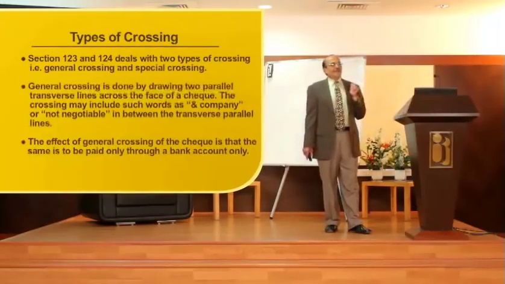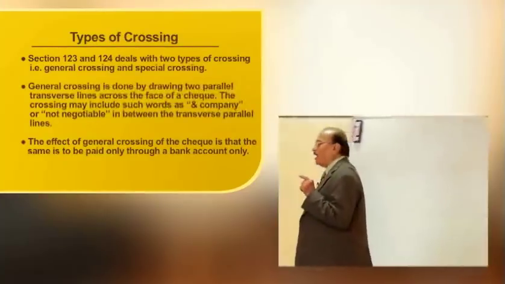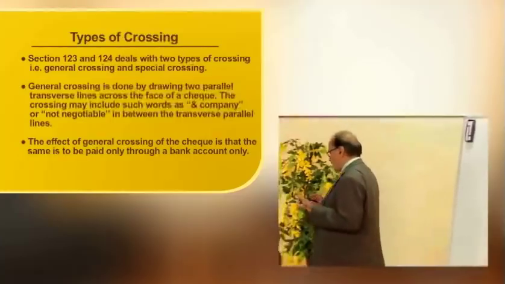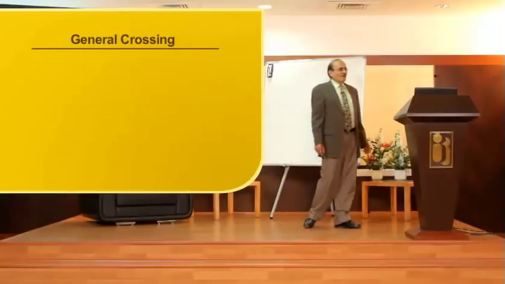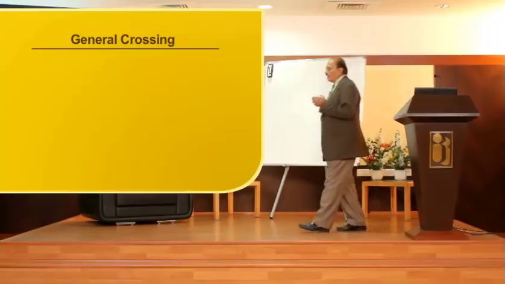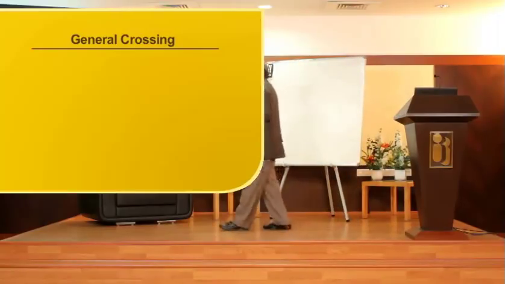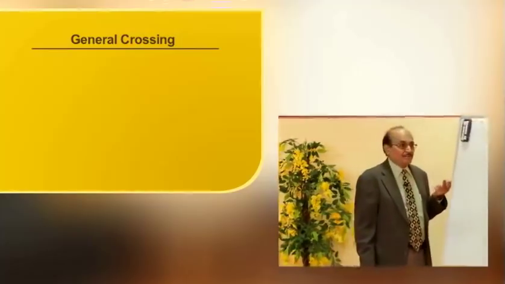The effect of general crossing of the check is that it is to be paid only through a bank account, and the amount cannot be paid across the counter to the presenter of the check. Let us have a look at the specimen of general crossing. Here you find two transverse lines, and in between the words "and co., account payee, not negotiable" have been written.